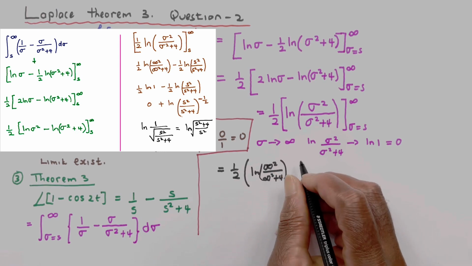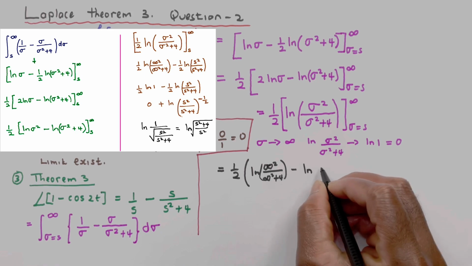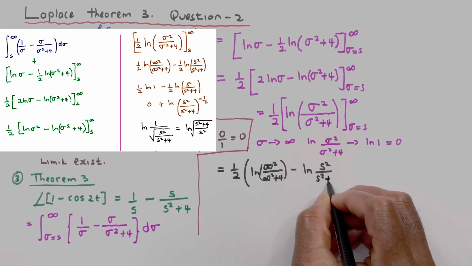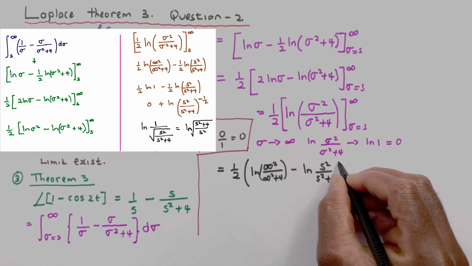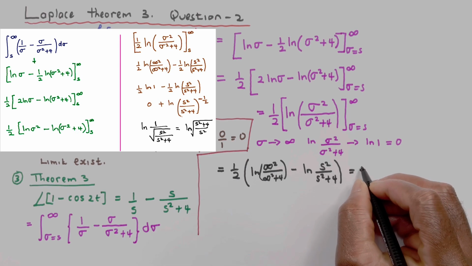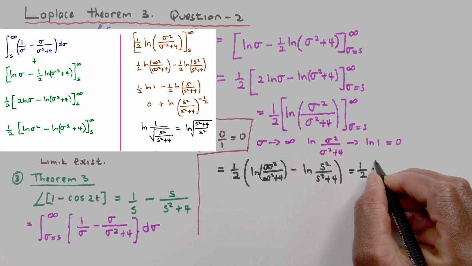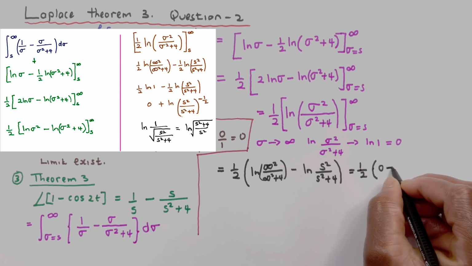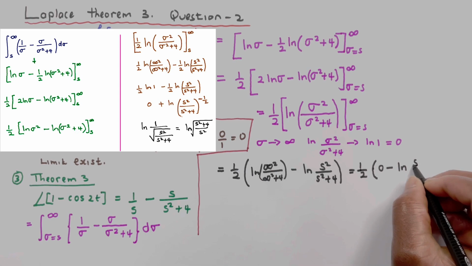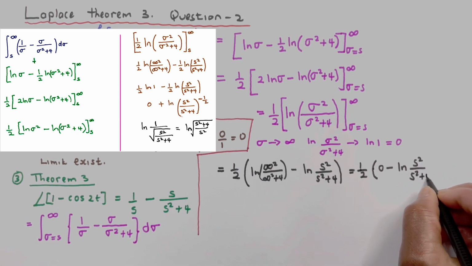Hence that is why it's 1 minus ln s squared over s squared plus 4. And that would be a half, open bracket, 0 minus ln s squared over s squared plus 4.